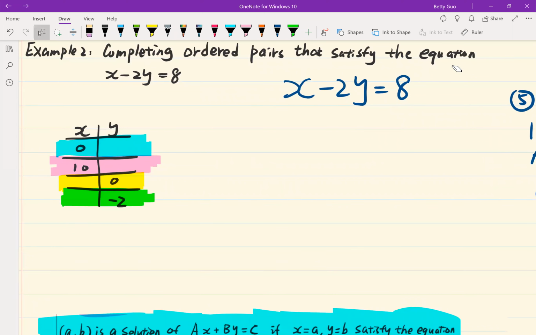For this equation, x minus 2y equals 8, if you let x be 0, what's the corresponding y? The pink part. If you let x be 10, what's the corresponding y? The yellow part. If you let y be 0, what's the corresponding x? The green part. If you let y be -2, what's the corresponding x value? So let's see how we do that.